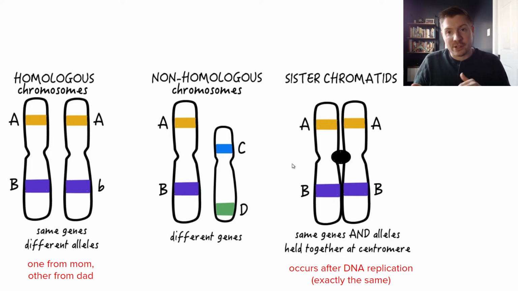Sister chromatids, on the other hand, which we've learned about before, are when 1 chromosome copies itself, and they're still paired together. Those are identical, so same genes and alleles. This is after DNA replication. Unlike homologous chromosomes, sister chromatids have the same origin and are literally identical, whereas with homologous chromosomes, you got 1 from one parent and 1 from another, and they do not have to be identical at every locus.